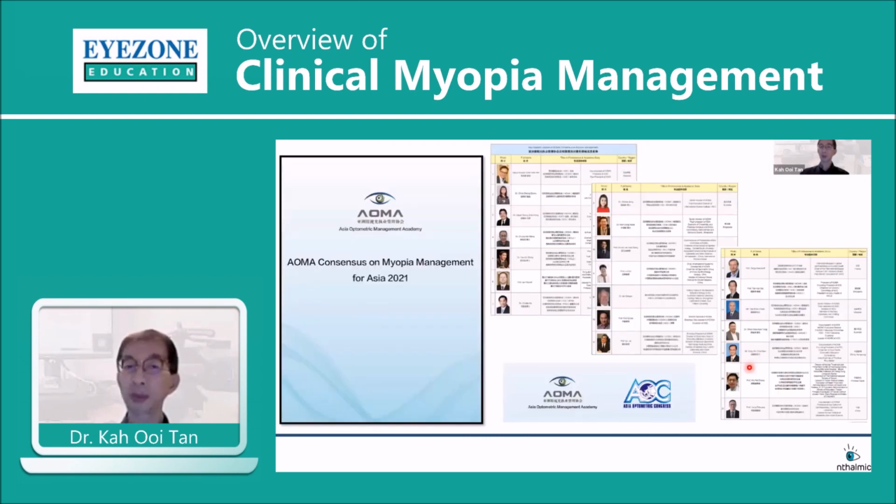Just 2 weeks ago, the Association of Optometry Management, the Asia Optometry Management Academy and the Asia Optometry Congress joined hand in hand to produce this paper called Consensus on Myopia Management.